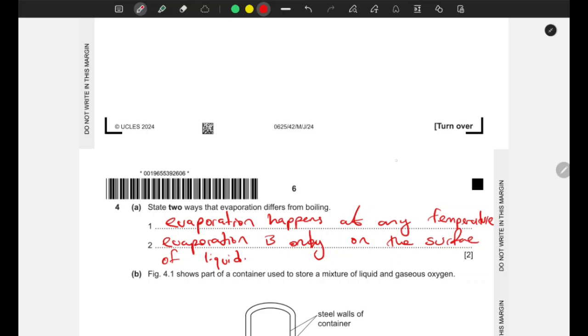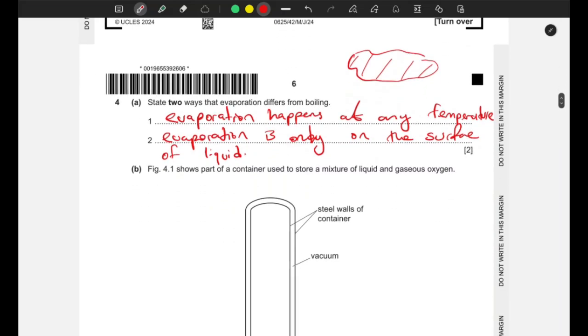So what we mean by that is if we have water over here, if the water is evaporating, only the top part of the water is evaporating, and once the top part has evaporated, the next layer would evaporate. But if we're boiling this water, the whole water would boil. So the boiling happens throughout the whole part of the water, while evaporation is only on the surface or on the top.